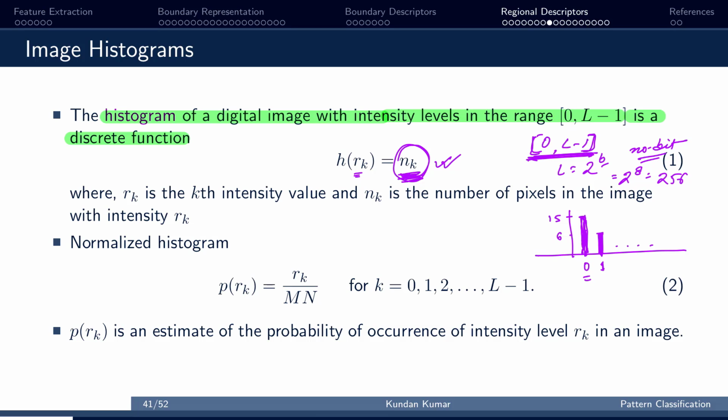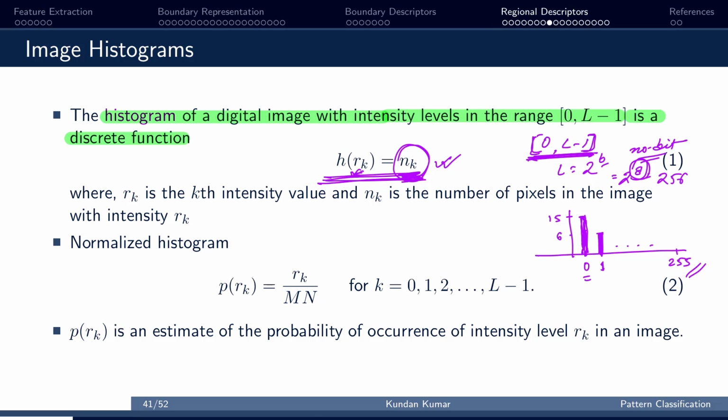In this way we can count the frequency of occurrence of the gray values up to 255 if we deal with an 8-bit image. It depends on how many bits the image has. In this way we can compute the histogram. So the histogram is the frequency of occurrence of the intensity levels in the image.